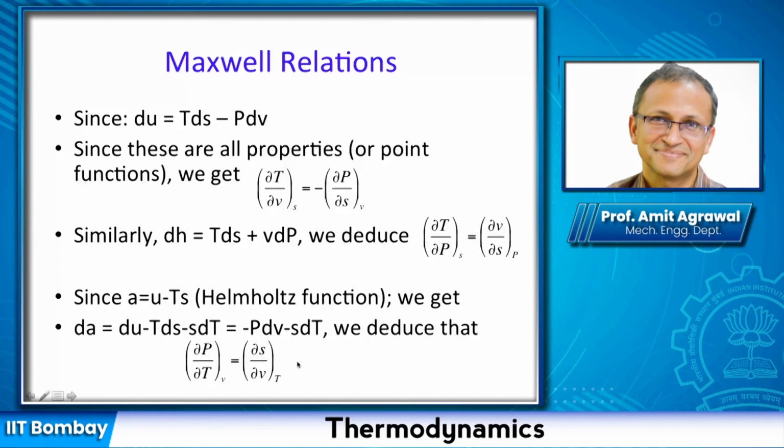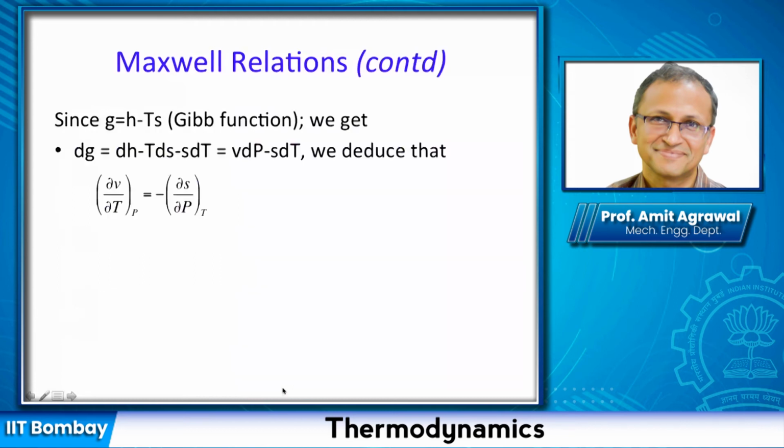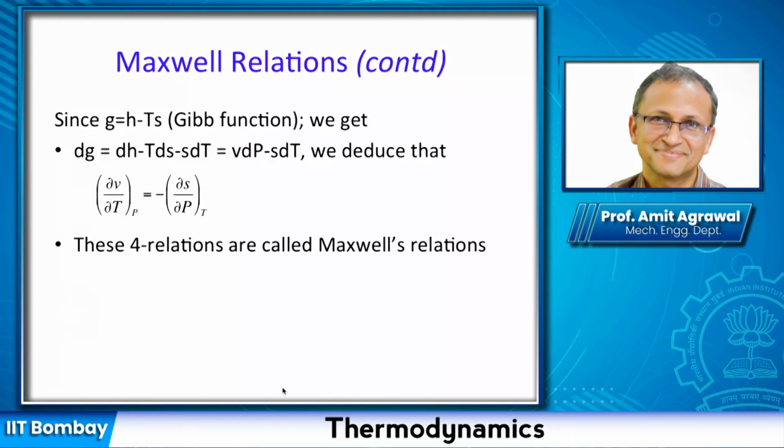And that dP here. And similarly, from the Gibbs function, we can derive this. These four relationships are known as the Maxwell's relations.